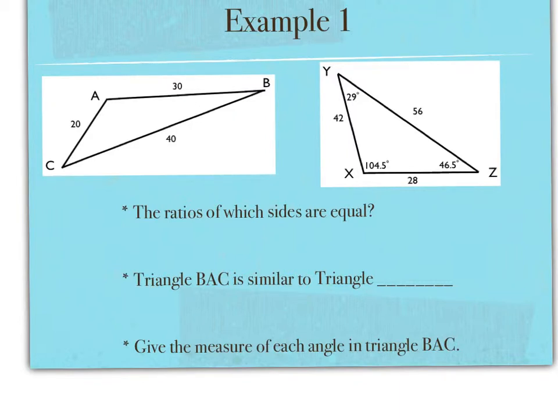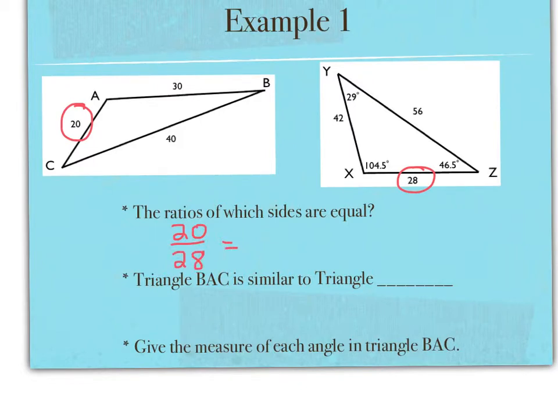I'm giving you these 2 triangles, and I want to know, first of all, what ratios are equal to each other, which means basically I want you to set up the proportions. Okay? So let's start with the small side over here, the 20. The 20 would have to match up with what over in the other triangle? How do you know? Smallest side. Good. So 20 goes with 28.